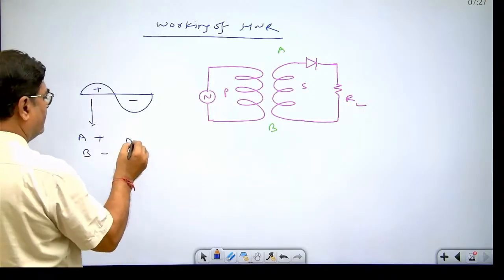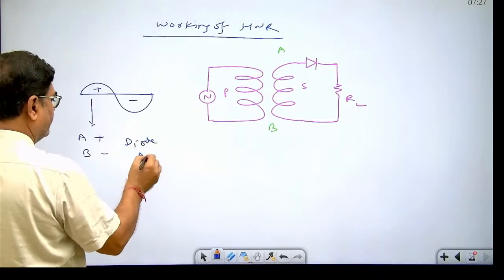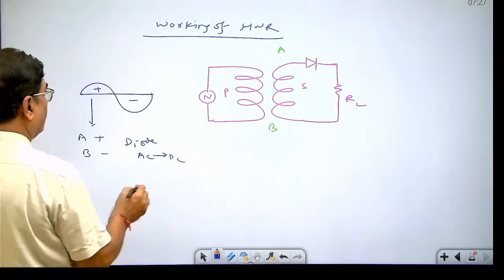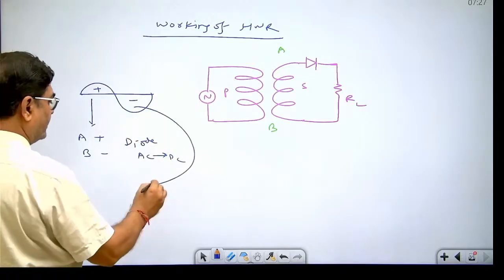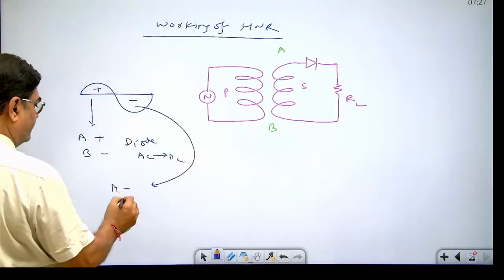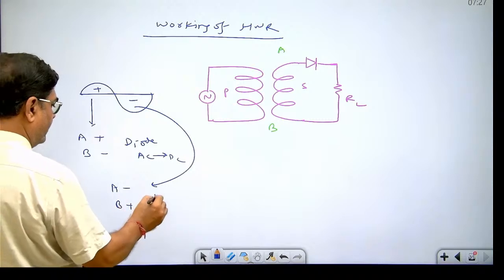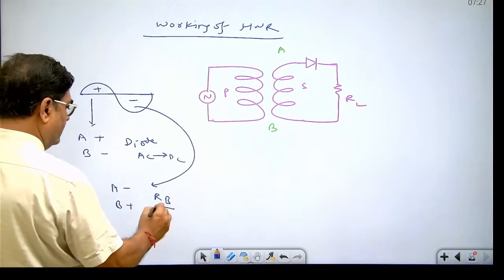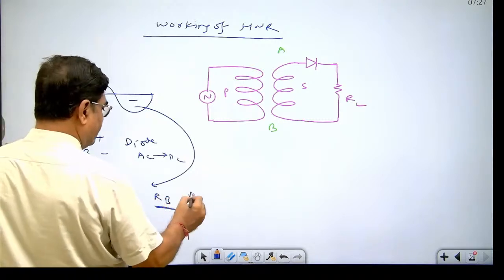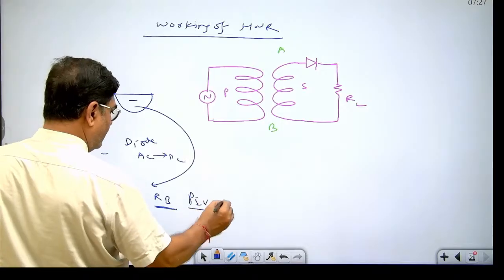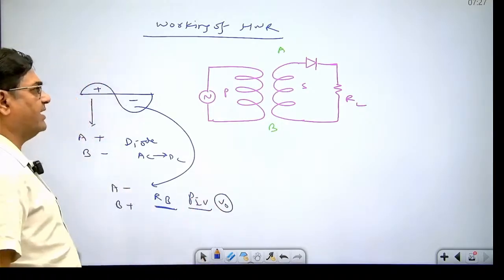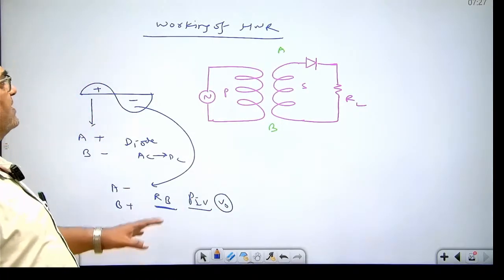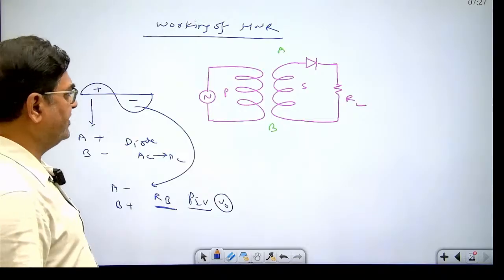Diode converts AC to DC. For the second half part of input AC signal, A comes negative and B comes positive, so diode remains in reverse bias. So peak inverse voltage of value V0 takes place at the diode. Okay. So peak inverse voltage in case of half wave rectifier is V0.